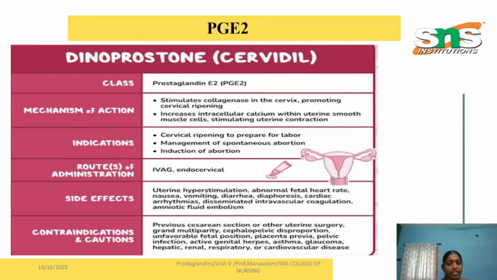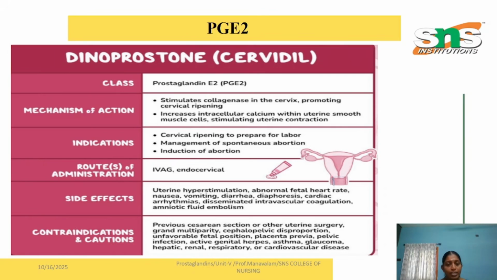Side effects: mainly it causes uterine hyperstimulation, abnormal fetal heart rate, nausea, vomiting, diarrhea, diaphoresis, cardiac arrhythmias, and amniotic fluid embolism. Regarding contraindications and precautions we have to follow while administering the dinoprostol gel: if the mother previously underwent any cesarean section or any kind of uterine surgery, we should not administer dinoprostol gel.